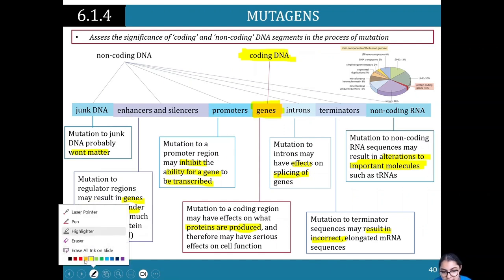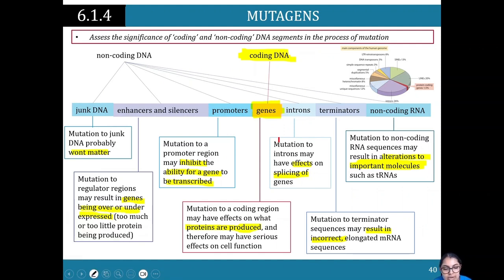So we can see how mutations to genes, to introns, to promoters, to enhancers and silencers, to terminators, and also to non-coding RNA, pretty much almost all of them, will have an effect.